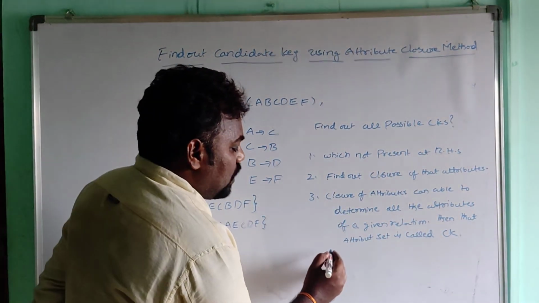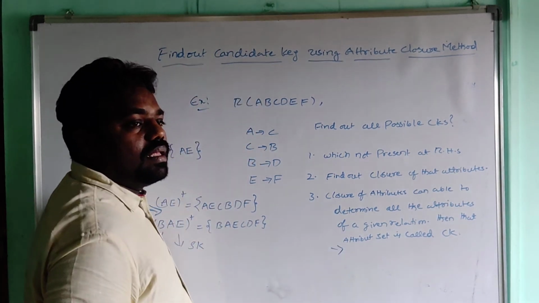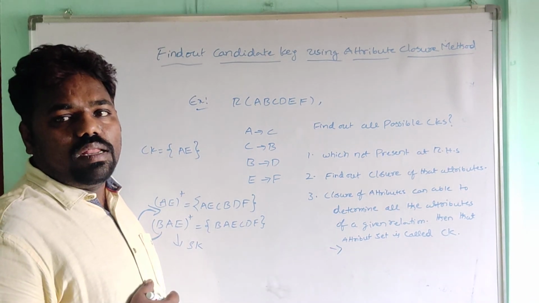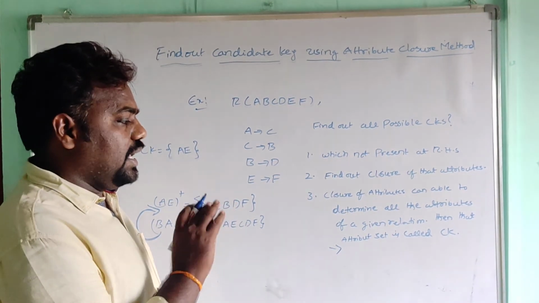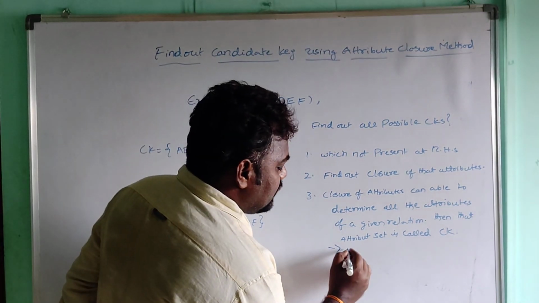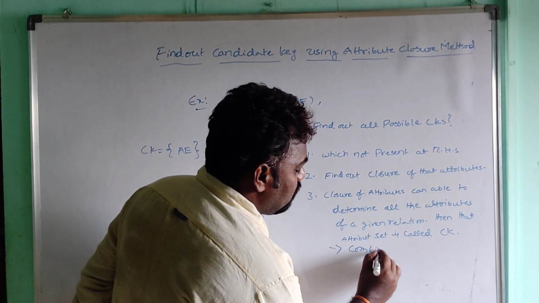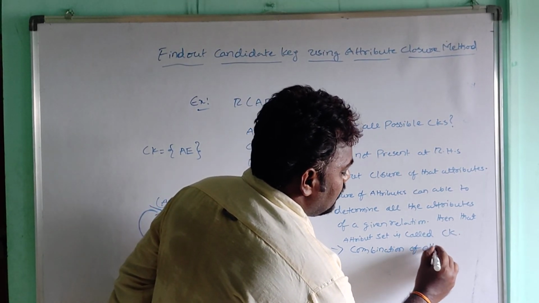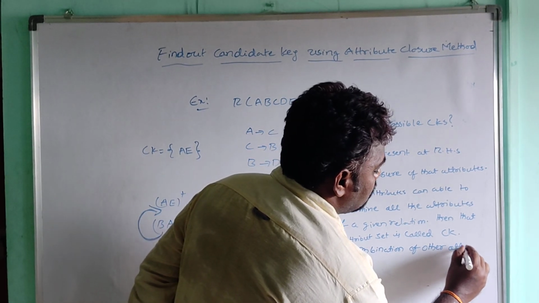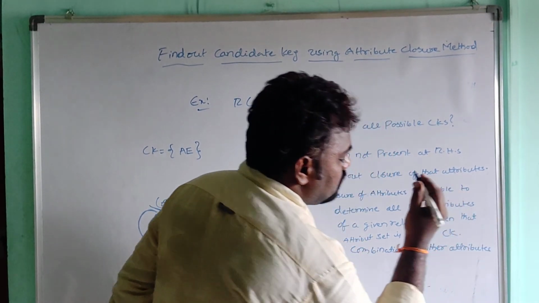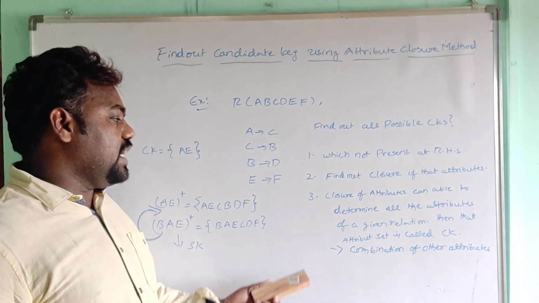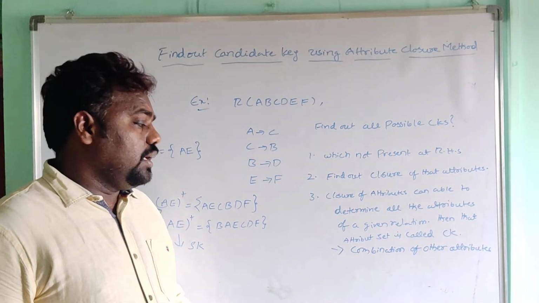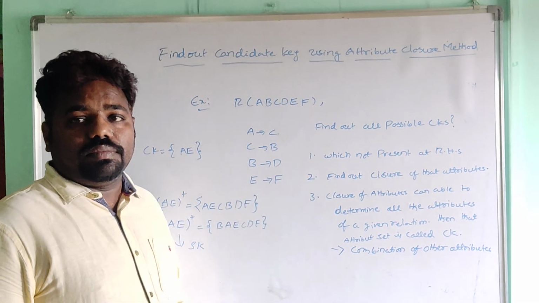Suppose the closure of the attributes cannot determine all the elements of the given relation, then we need to take combinations with other attributes. We'll see one more example to find candidate keys.